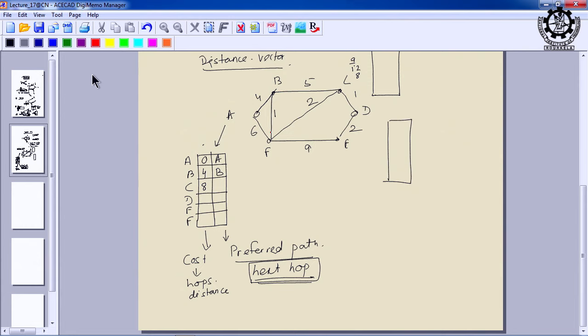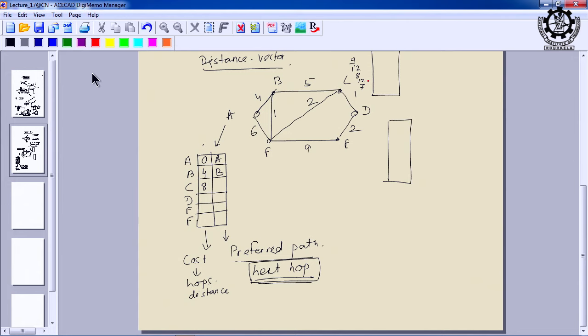Another is 6 plus 2 is 8. Another of course there is A, B, F, C, yes, correct. 4 plus 1, 5 plus 2 is 7.